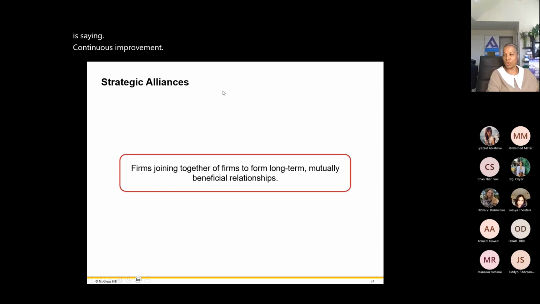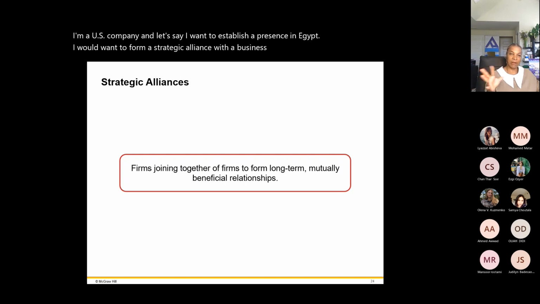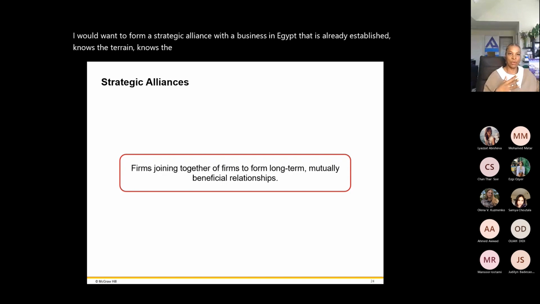Strategic alliances is where you join forces with another organization to enter a market. For instance, if I'm a US company and let's say I want to establish a presence in Egypt, I would want to form a strategic alliance with a business in Egypt that is already established, knows the terrain, knows the customer, knows the market, and then I can join forces with them.